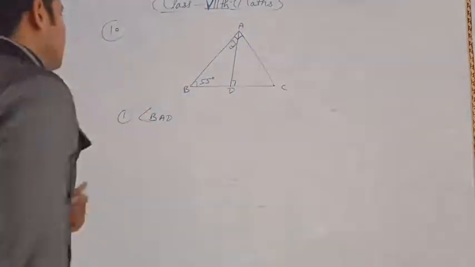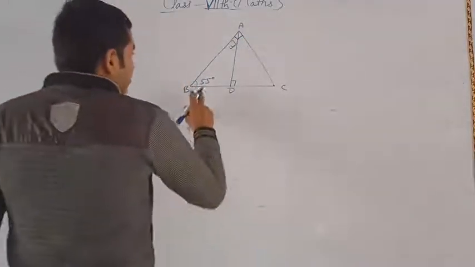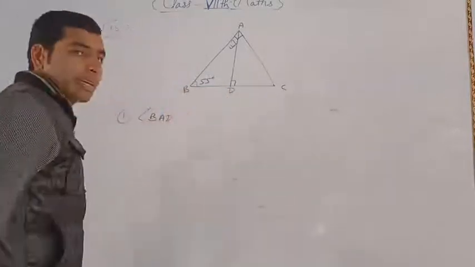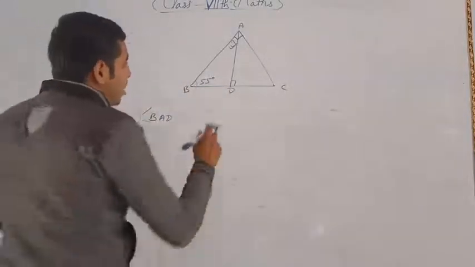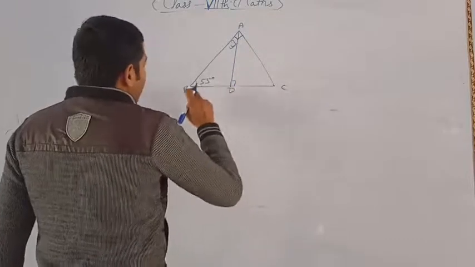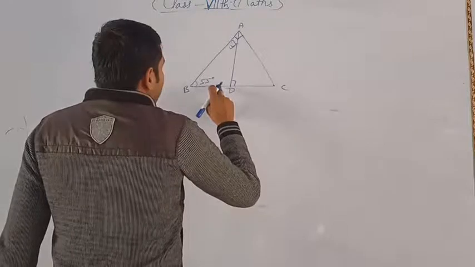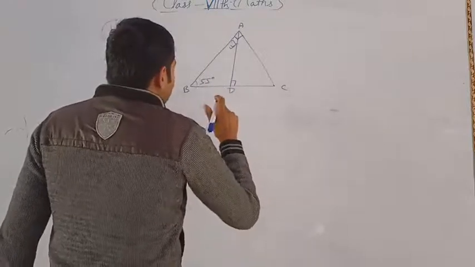So from here, first of all you are given that angle ABD is equal to 55 degrees. Now you have to find angle BAD.